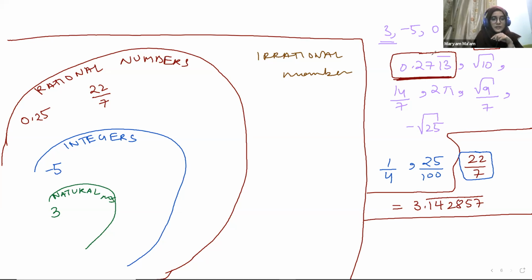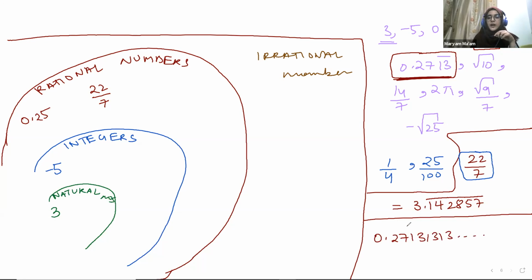Which part of this decimal is repeating? Ma'am, 13. So we can write this as 0.27131313 and so on.